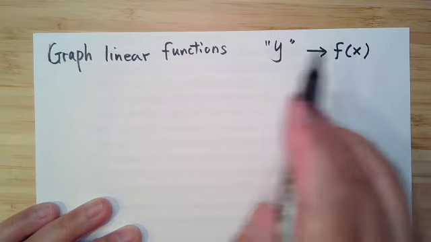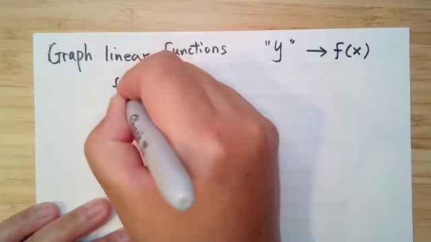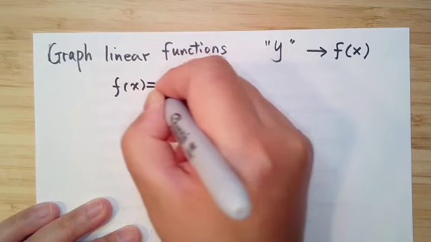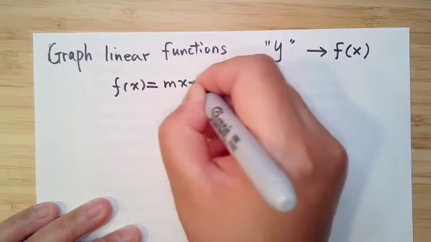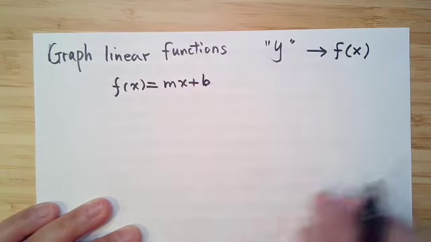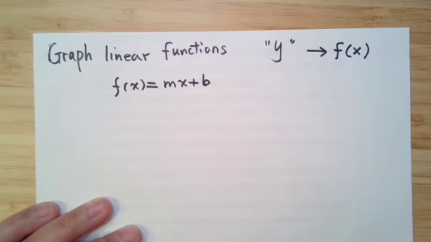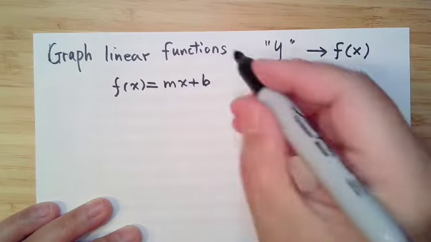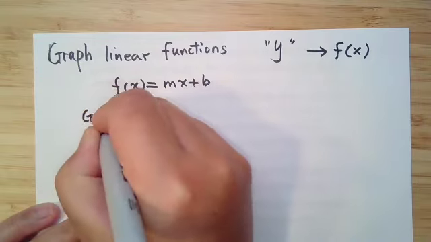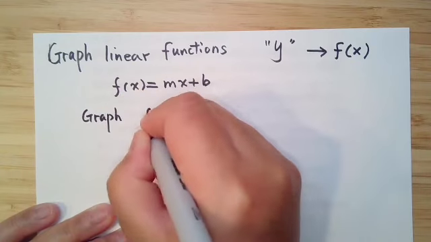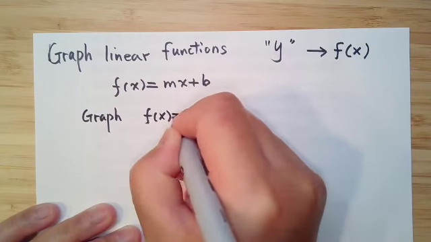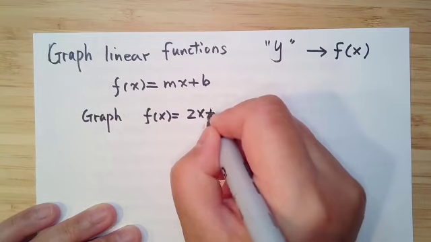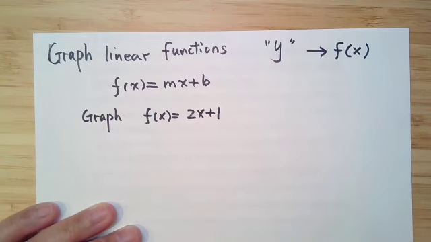So f of x equals mx plus b, and that is the function. If I ask you to graph the function f of x equals 2x plus 1, can you do that?